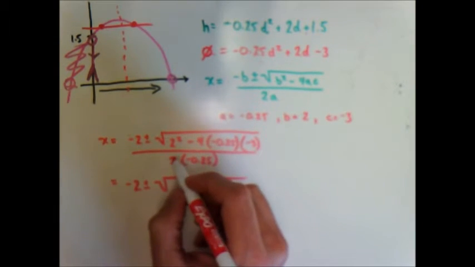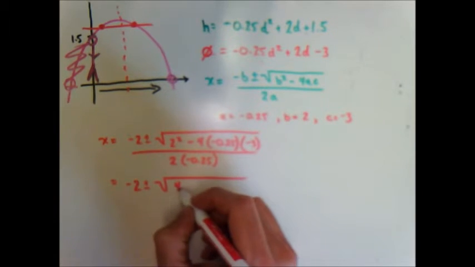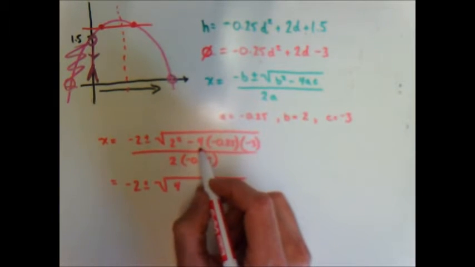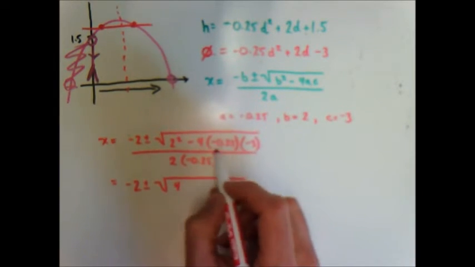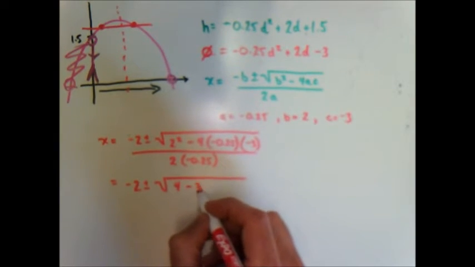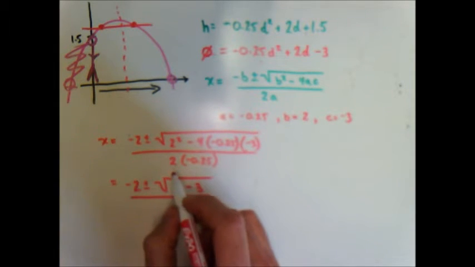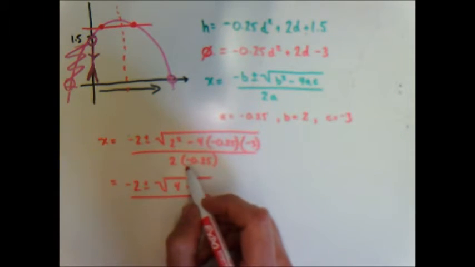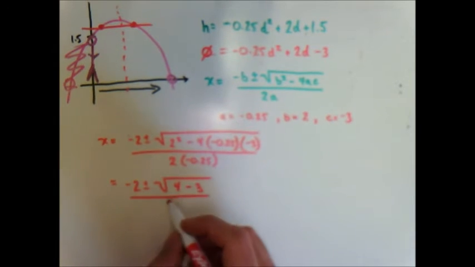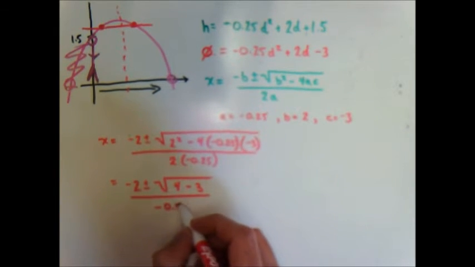Inside the square root, we have 2 squared, which is 4. And then we have 4 times a quarter, and they're both negative, so that's going to be positive 1. Positive 1 times negative 3 is minus 3, all over 2a. 2 times negative 0.25 is negative 0.5.